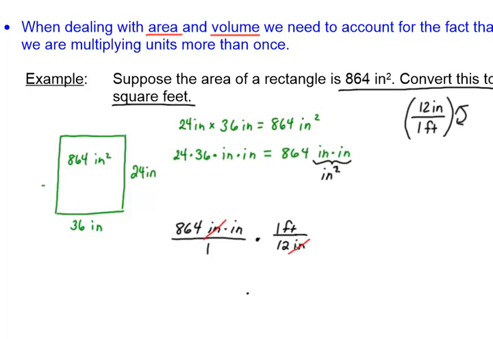If I cancel, I can only cancel one out at a time. I can't cancel out both. So this means that I have to do this whole process one more time. And so now the inches will cancel out twice. I take 864 divided by 12, I divide it by 12, and I get 6 feet times feet, which is the same as 6 square feet.